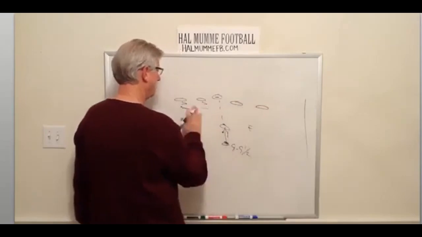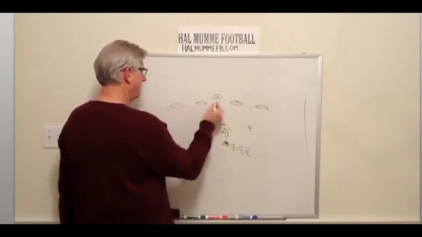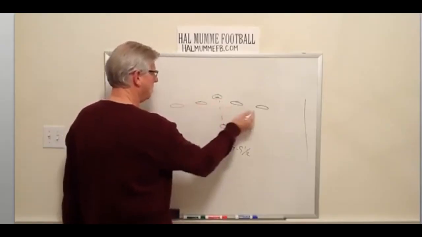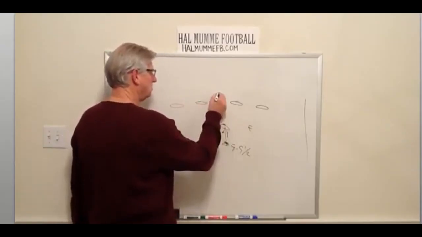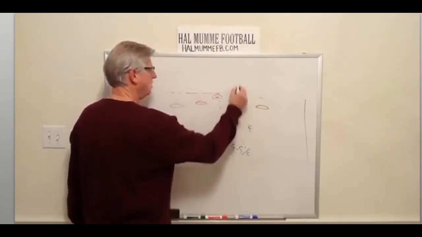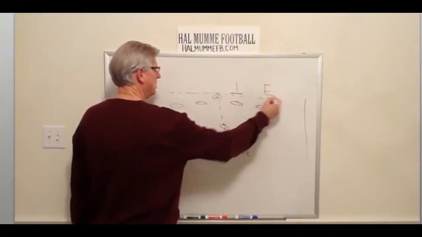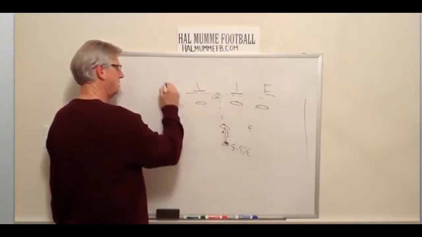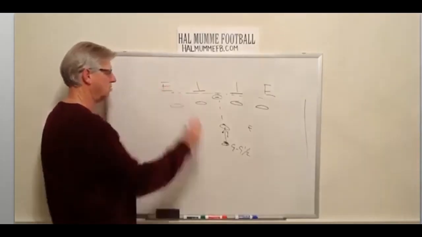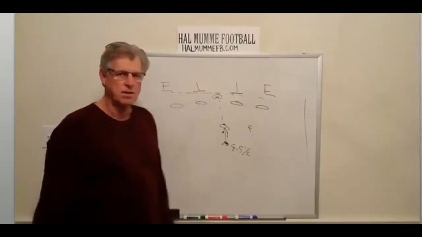It looks like this. Or wider. So basically, we're going to be backed off the ball as far as we can. Well, if this is the line of scrimmage, what we've done here, that's as far as that tackle can be. That's as close as that end can be. That's as close as that tackle can be. That's as close as that end can be. We've created space right here.